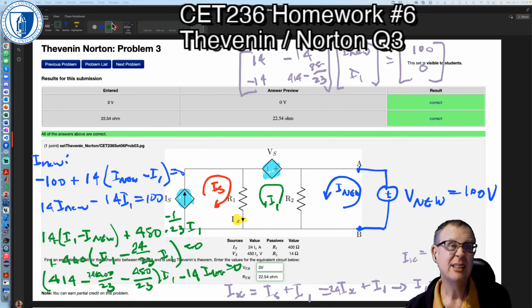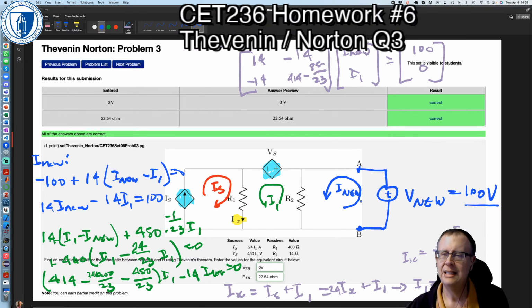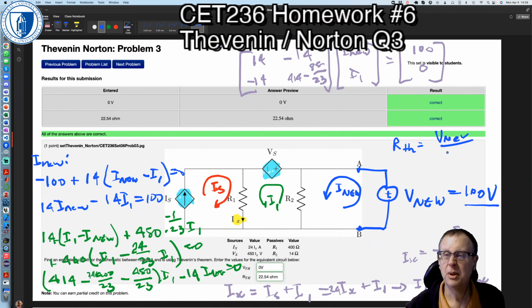In this one I've decided to use 100 volts as the voltage I'm applying, and so positive, my current is I nu, and the idea is that the Thevenin resistance is equal to V nu divided by I nu. We already know what V nu is, but the trick will be to figure out what I nu is.